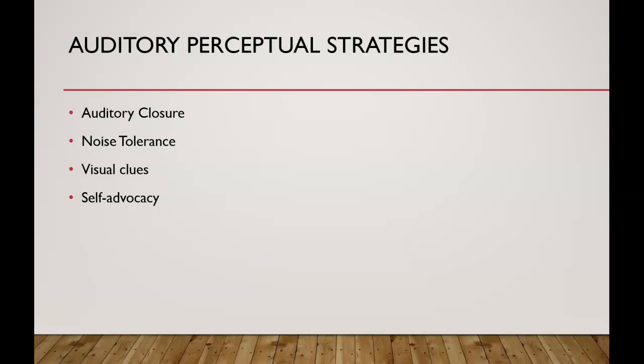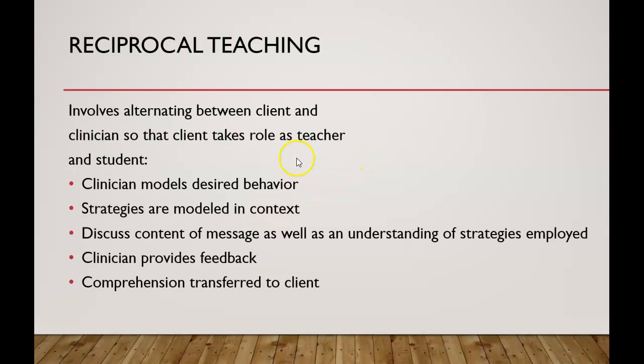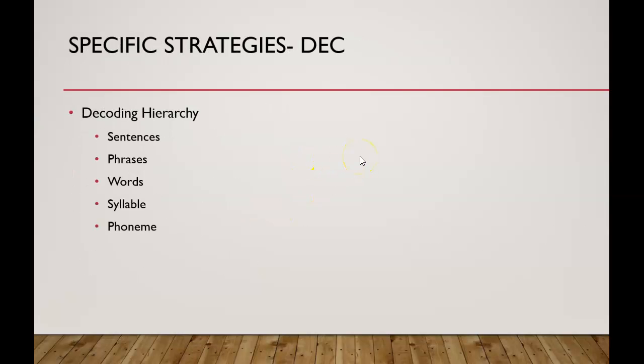Auditory perceptual strategies: we can work on tasks like auditory closure, noise tolerance, visual cues, and self-advocacy. In terms of decoding, there's a hierarchy, and this is a top-down hierarchy where we go from sentences to phrases to words to syllables or phonemes.